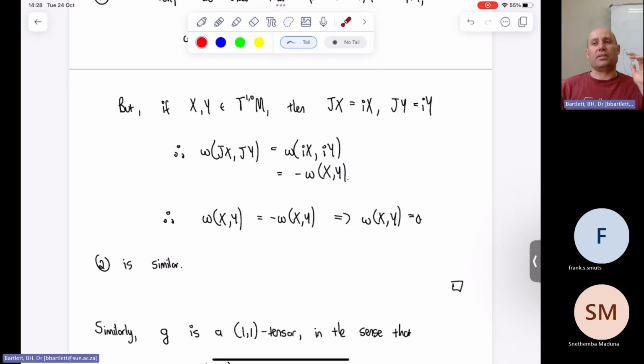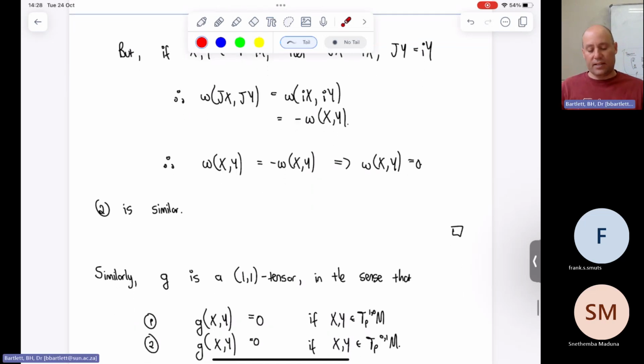But right now, we started with a g, and then we have its associated omega. Omega is a (1,1) form, but also g will be a tensor of type (1,1), in the sense that as a bilinear map on the tangent space at each point, it will vanish when you feed it two vectors of type (1,0) and two vectors of type (0,1).